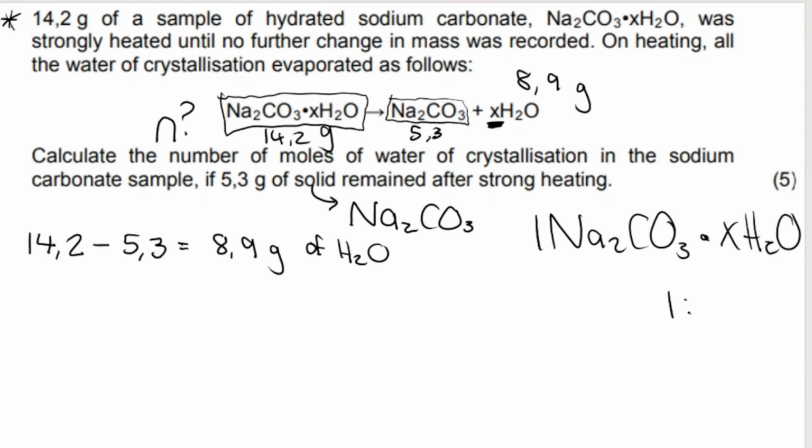So far we've got 1 to X. So if I work out the number of moles of sodium carbonate, just the sodium carbonate without the water, using this mass over here, the 5,3, and I work out the mass of just the water using this 8,9 over here, I convert them to moles. I simplify that ratio so that it is 1 to something. I can work out X. So let's convert to moles.